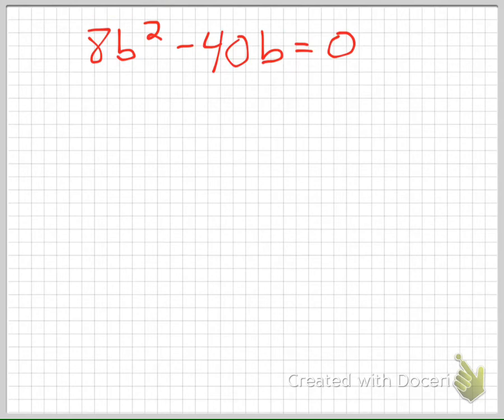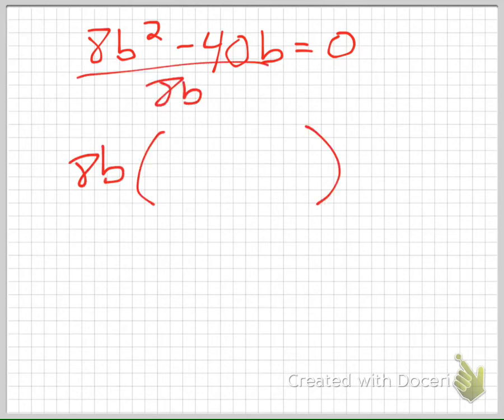So what can I pull out of 8b squared minus 40b? 8b. I can pull an 8b out of there. What's that leave me with? b minus 5, right? Does that make sense? Factor it. You're just breaking it apart.